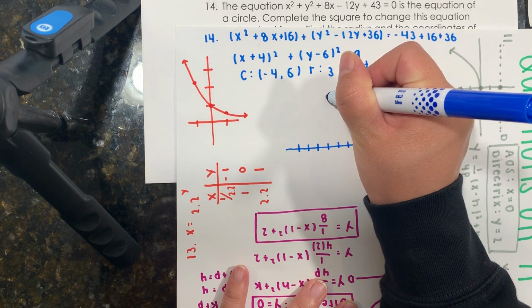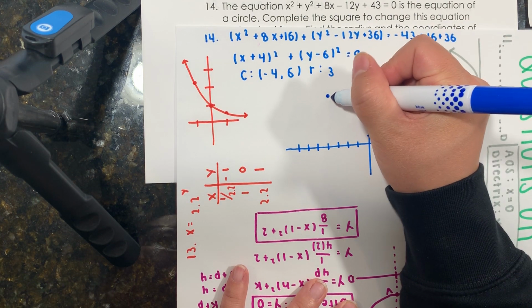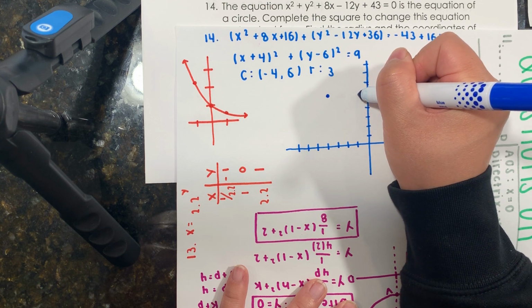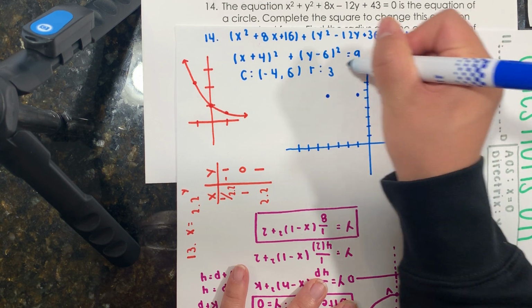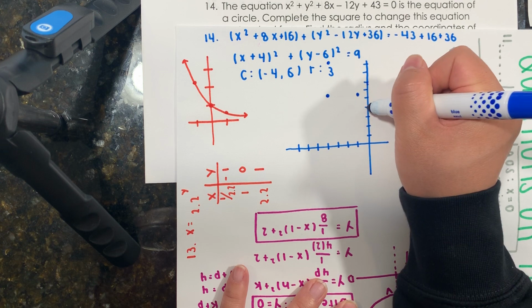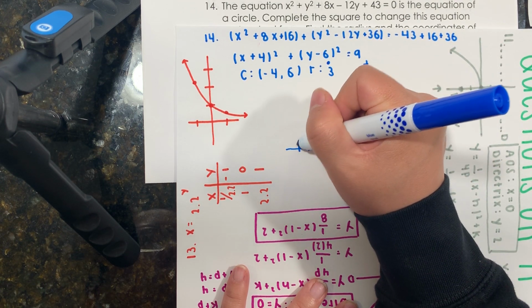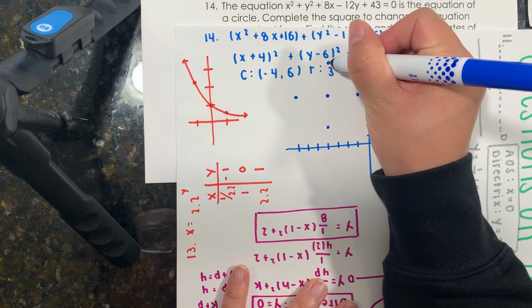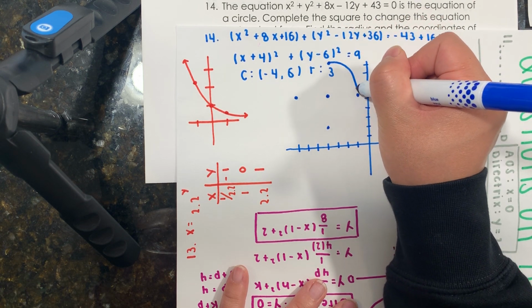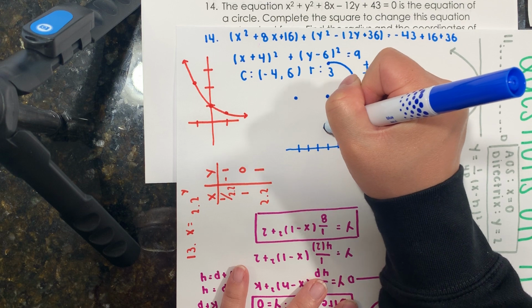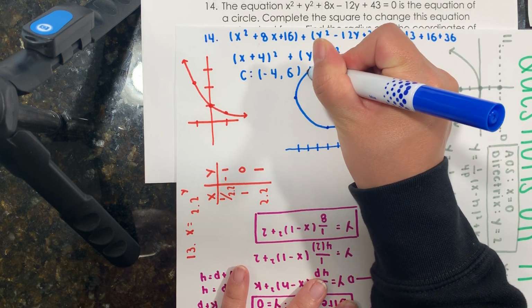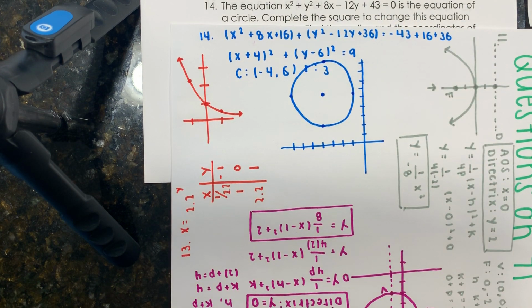So it's about the center of the circle. Then the radius is 3. So it'd be up to here, down 3, which would be about here, and then over 3, which would be about here. And this will be your diagram of your circle. Mine looks kind of like an oval. And that is your result for number 14.